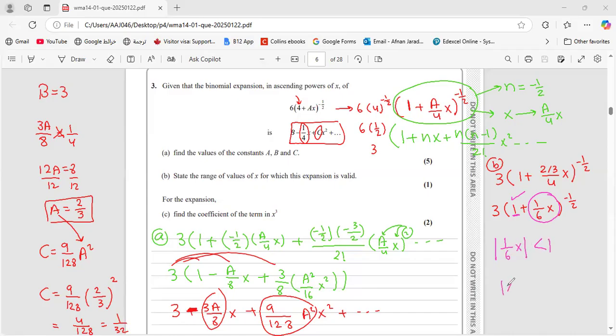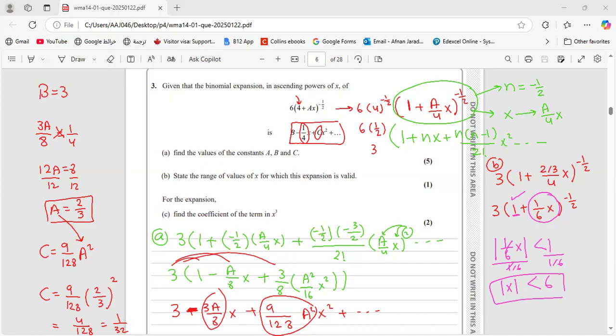You need the absolute value of x less than 1 divided by 1 over 6, or 1 multiplied by 6 over 1, which equals 6. So it's valid when the absolute value of x is less than 6, which equals negative 6 less than x less than 6, which is the same.